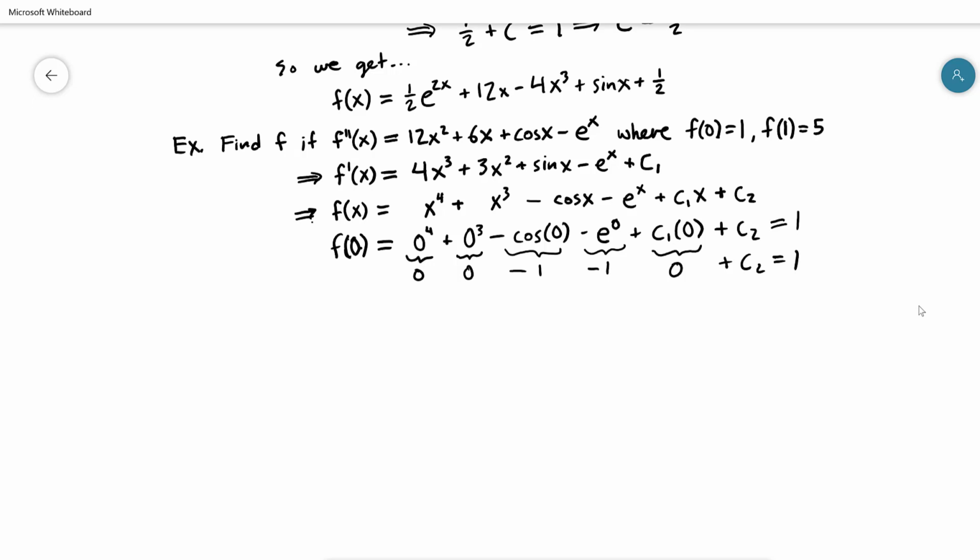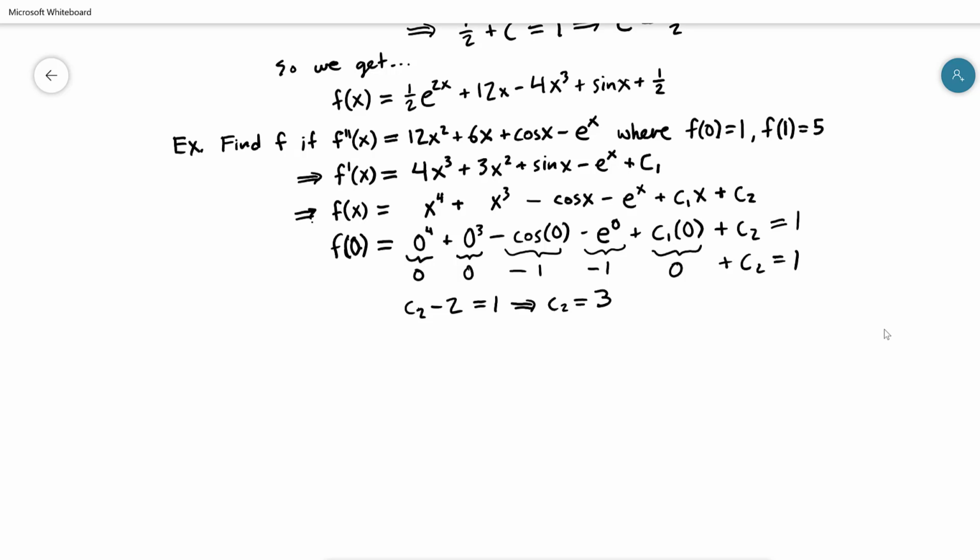So at the end of all of this, I've got c2 minus 2, accounting for both this minus 1 and this minus 1, is equal to 1, which implies that c2 must be equal to, adding 2 to both sides, it must be equal to 3.